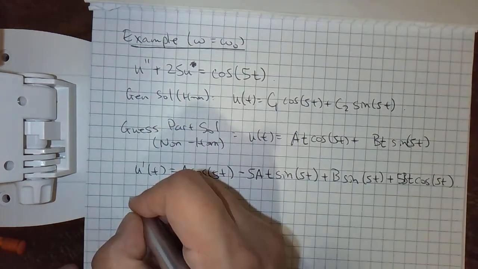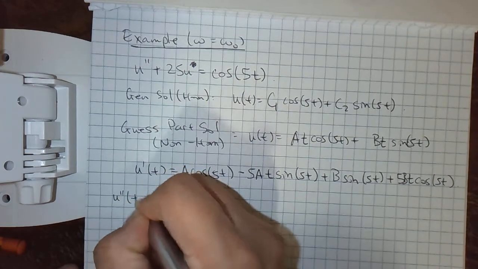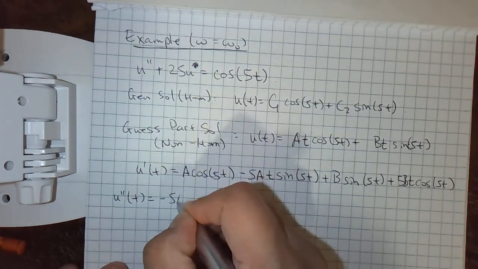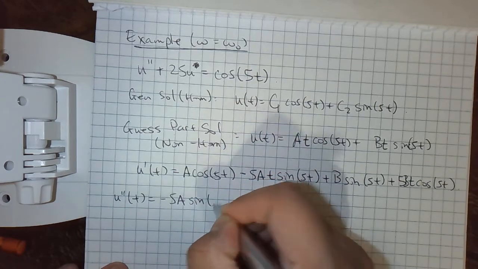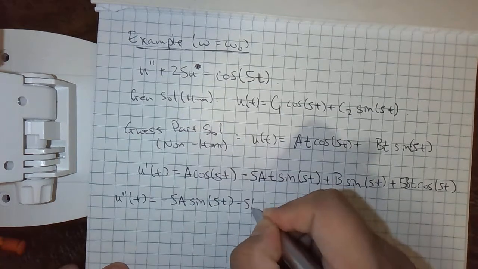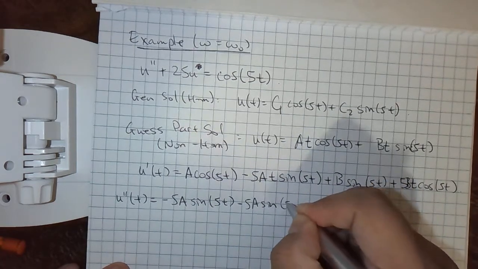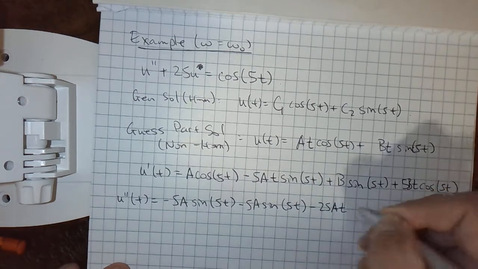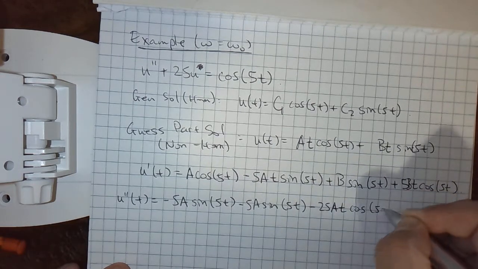Nothing to combine or simplify, so unfortunately we get even uglier on the second derivative. This part is nice. It's minus 5a sine 5t. This part needs a product rule, so minus 5a sine 5t, and then this is minus 25at cosine 5t.